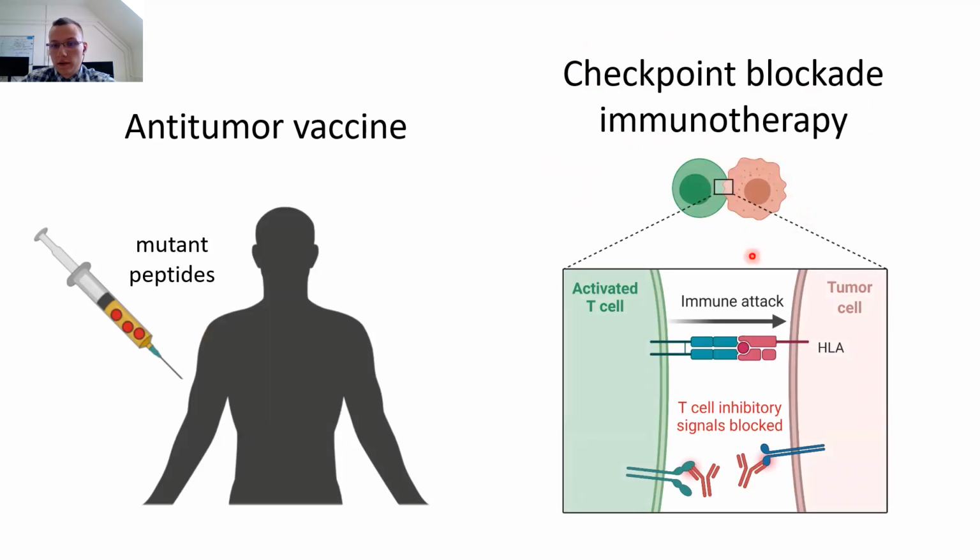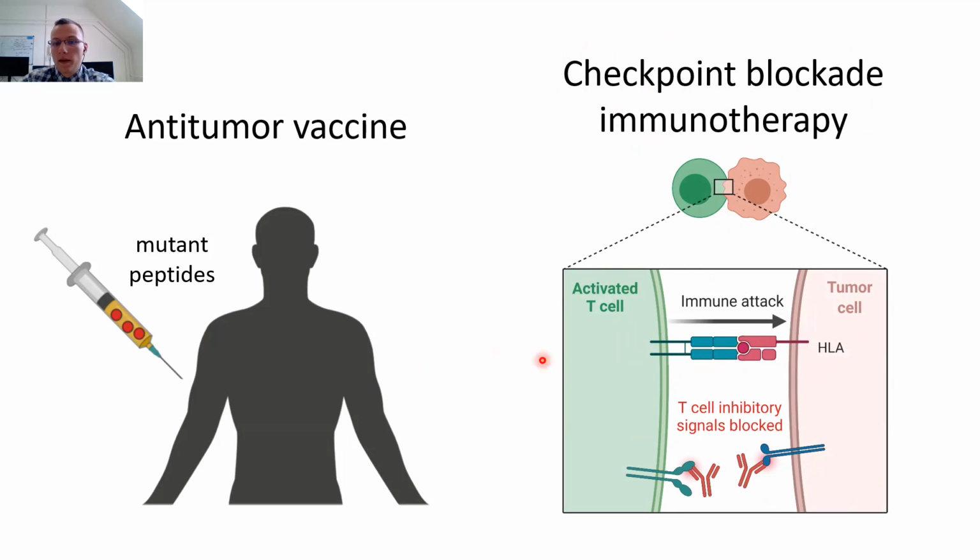Tumor cells develop various tactics to evade destruction by the immune system. One such tactic is the formation of inhibitory molecules that block the normal function of the T cells. But luckily, with checkpoint blockade immunotherapy, we can block these inhibitory molecules, and therefore T cells will regain their normal function and they will effectively destroy the tumor cells.